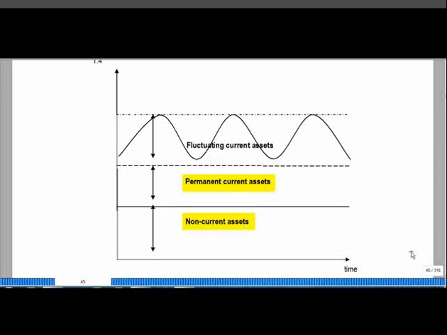So for example, you might be in a long-term lease on one of your buildings, and also for your permanent current assets. And this phrase permanent current assets refers to the minimum amount of working capital that you're going to need. So for example, the minimum amount of inventory that you're always going to need in every month of the year, and the lowest your receivables are going to be in any month during the year. There'll always be a certain amount of cash tied up in your current assets.